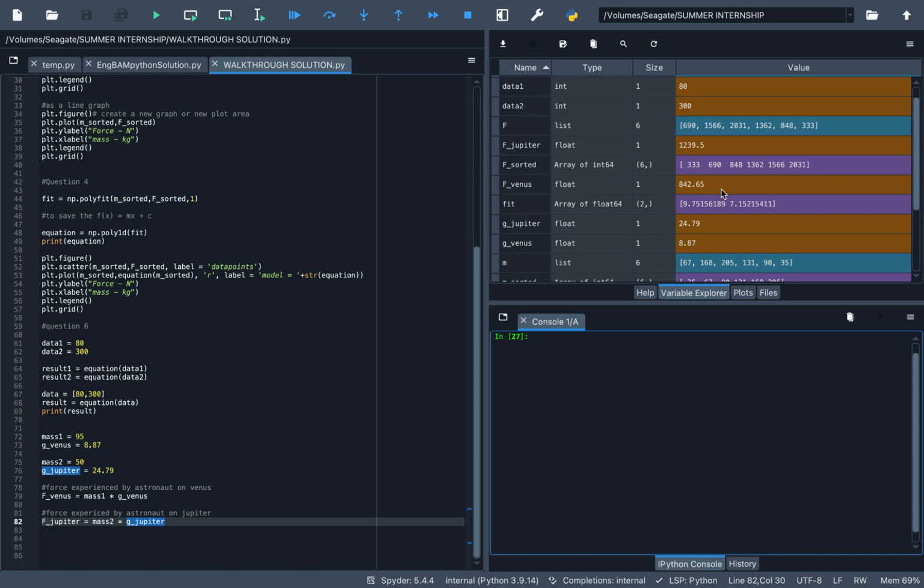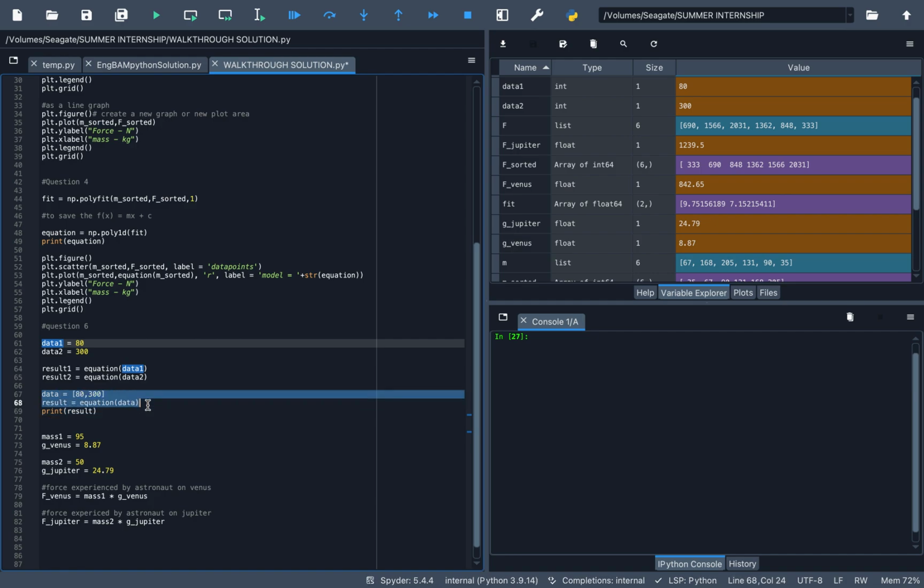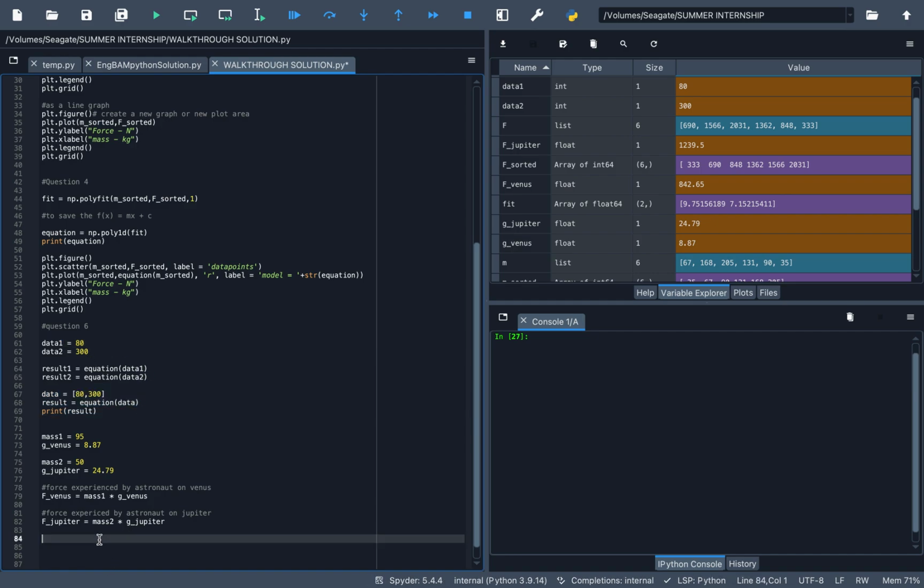So that is what this question is trying to make you think through. And to do it in one line, similar to the results we generated in question 6, where we made it into a single array instead of doing it separately, we can do the same thing here.